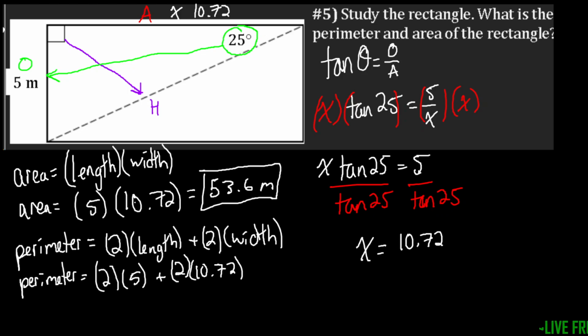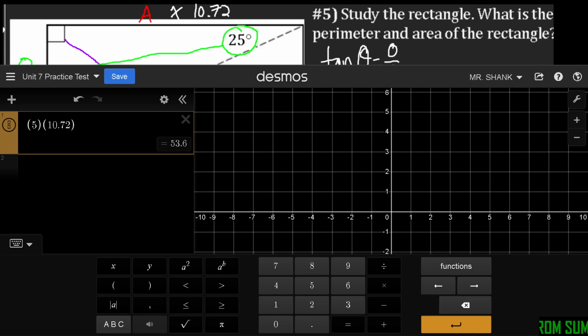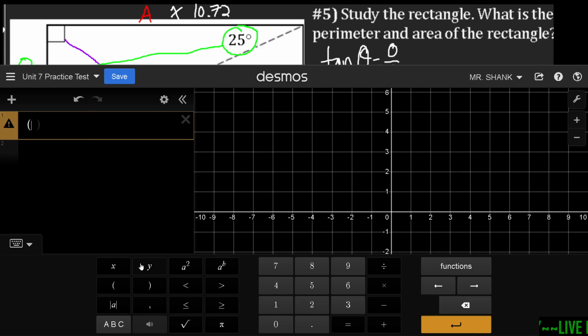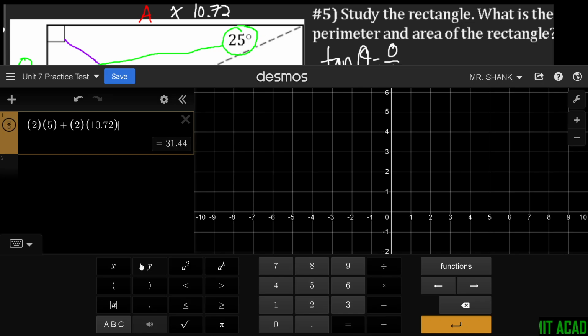I want to show you what I'm typing in. That first one was my area. So my perimeter is going to be 2 times 5 plus, again, be very careful where you put those parentheses and signs, 2 times 10.72. That's going to be 31.44, and that's our perimeter, meaning the outside amount.